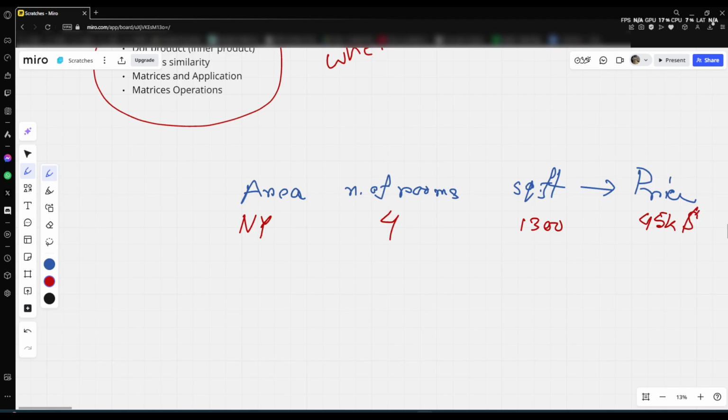Okay, this is anyways $45k. So we may have a lot of information here. Not just one but 2, 3, 4, anything. Based on these inputs we determine the price.